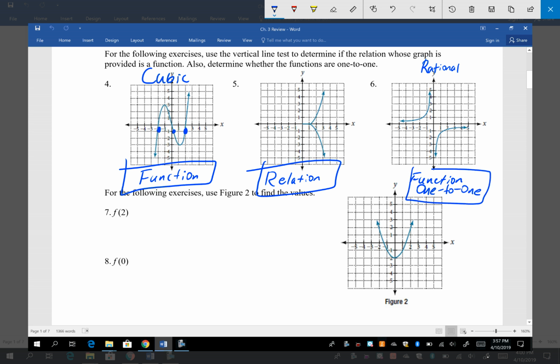So it's a one-to-one function, number 6. Questions? So the reason I don't even check 5 is because it has to be a function first before it can be one-to-one. All right? Like a rectangle has to be a quadrilateral first before you even get to the idea of seeing if it's a rectangle.